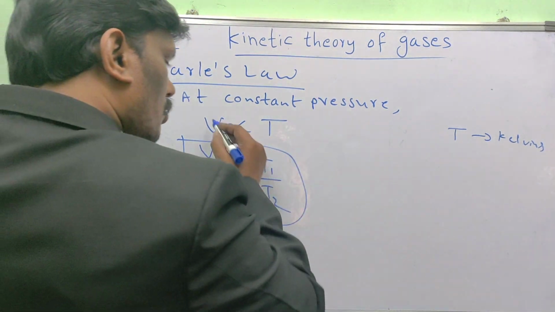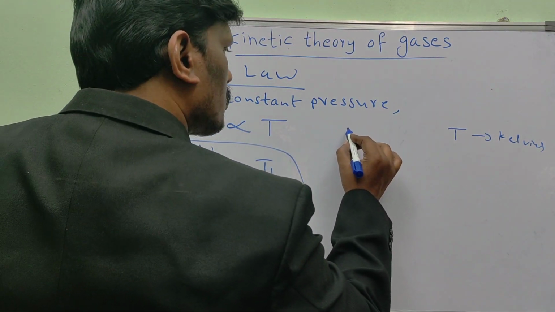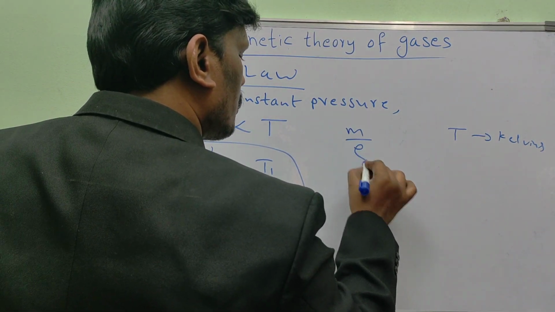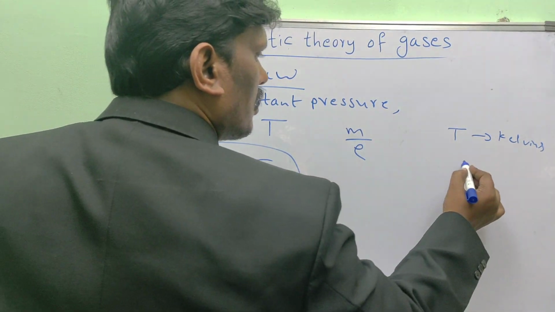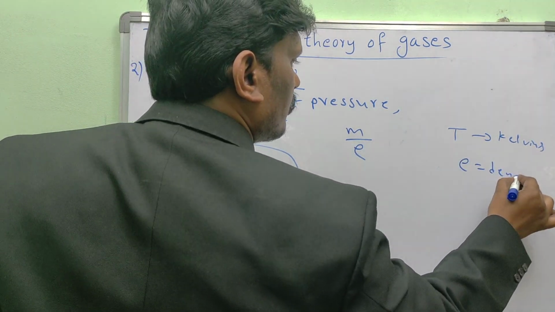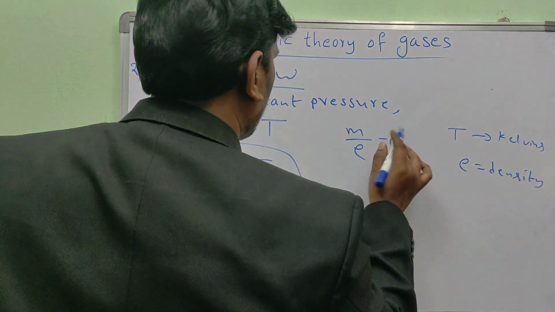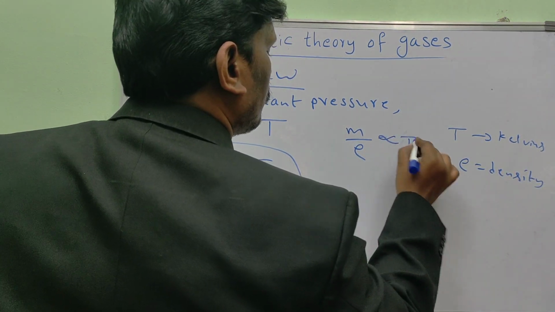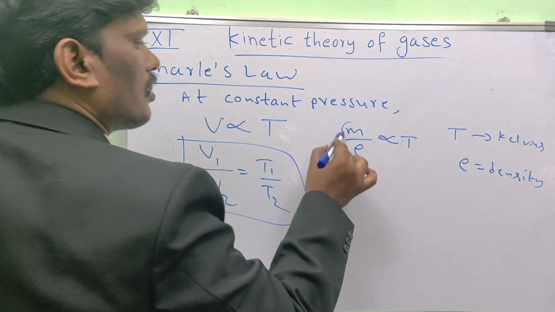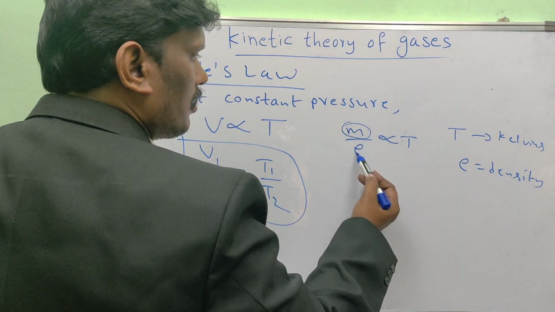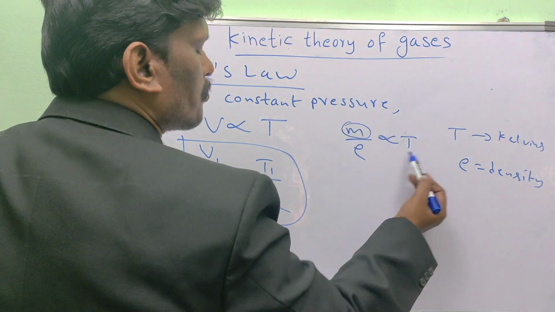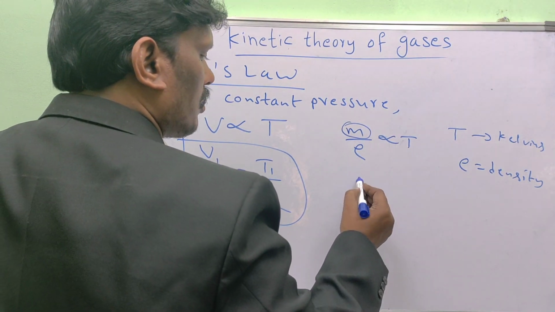Now, what is the meaning of volume? Volume means mass by density, where rho is the density of the gas. Density is inversely proportional to temperature. Here the mass is constant, given the mass of an ideal gas. Then rho and T are inversely proportional to each other. Then how to write the formula?